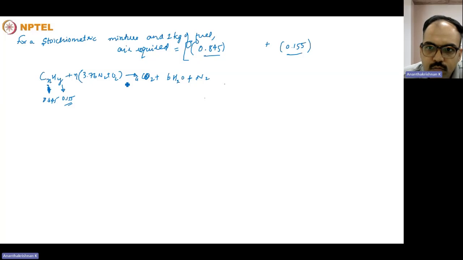And to get the total mass of air, we have to use the percentage of oxygen in the reverse manner, dividing by the mass fraction of oxygen. Air contains 23.3% oxygen by mass.